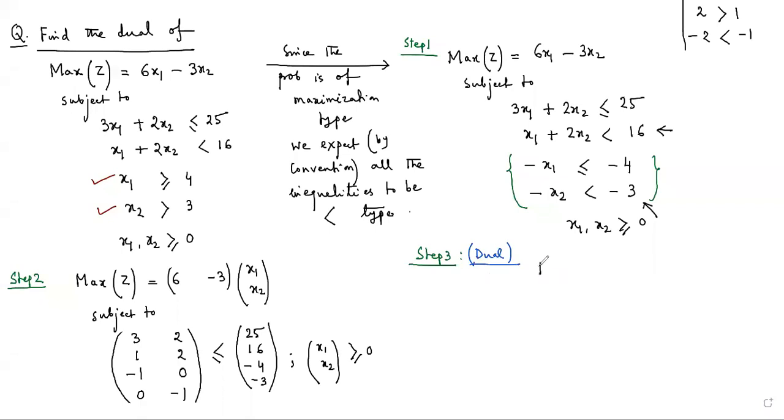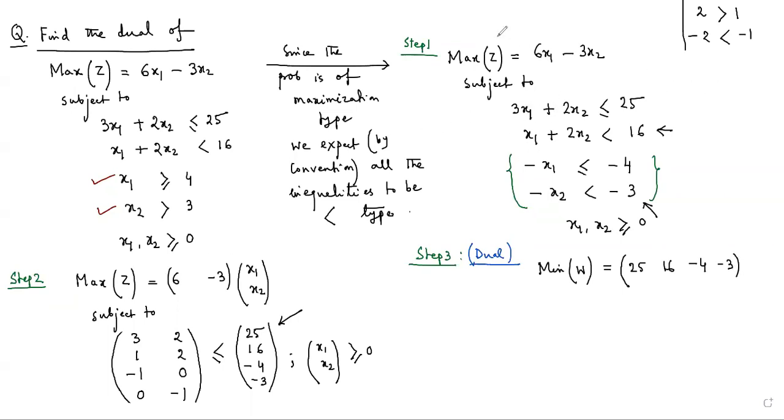So the max problem becomes min. So we write min W. In place of 6, -3, we are going to write the transpose of the column vector. So it will be 25, 16, minus 4 and minus 3. How many constraints are there?